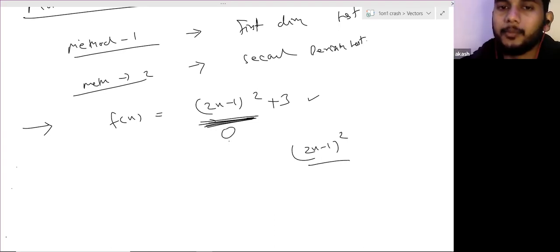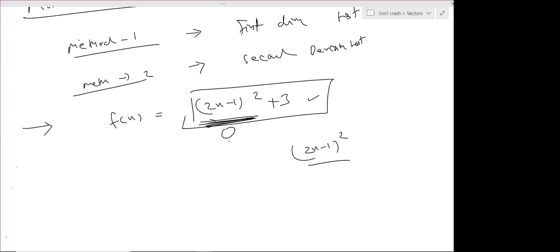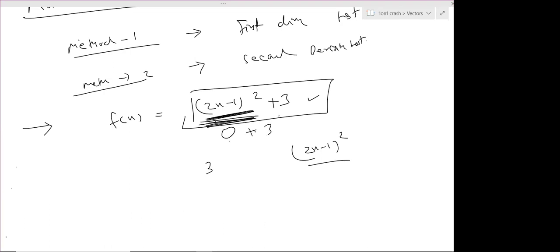So if this is 0, then the whole function will be minimum. See, this thing is 0. If you add 3 to this, then the minimum value becomes 3.